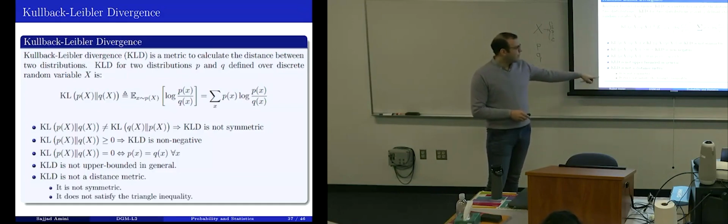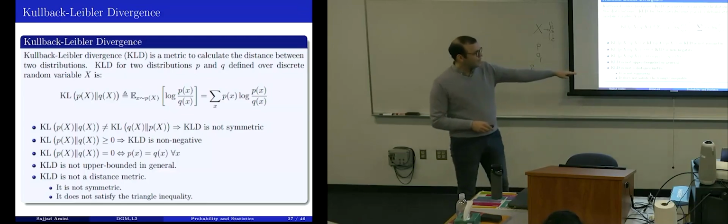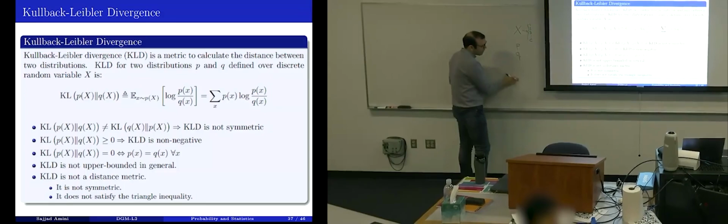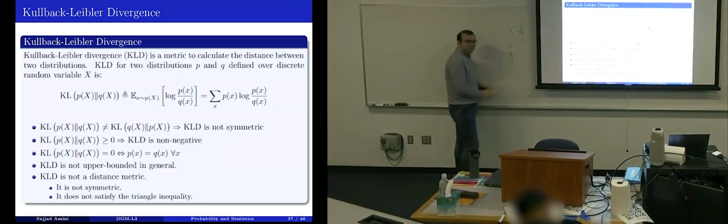Another important property that a distance metric has is that it satisfies the triangle inequality. What does it mean? The triangle inequality assumes that I have three distributions over the random variable x.